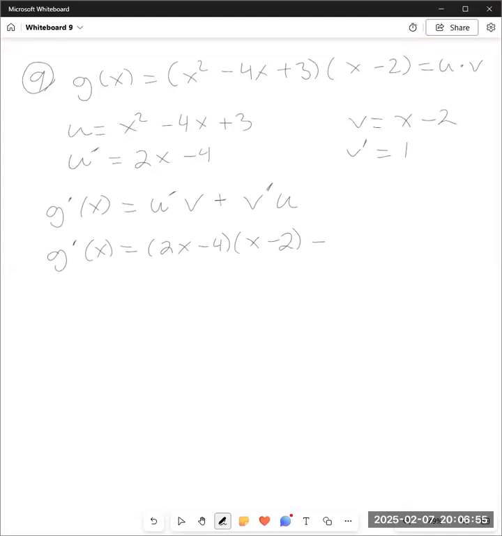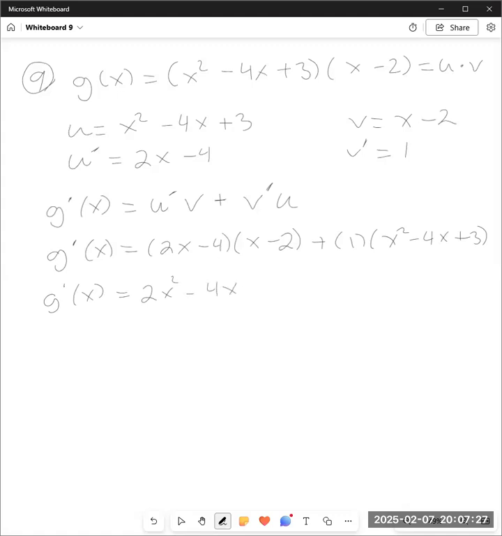Why did I say minus? This is plus 1 times x squared minus 4x plus 3. g prime of x is equal to 2x times x is 2x squared. 2x times negative 2 is negative 4x.